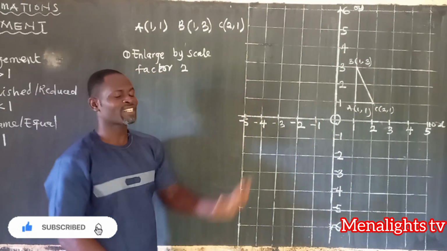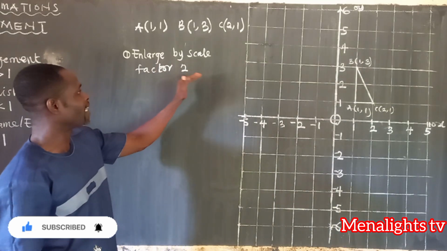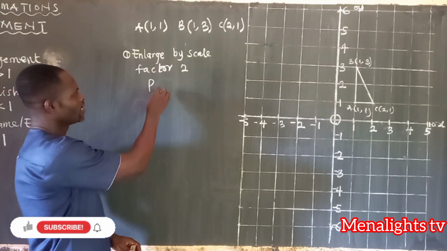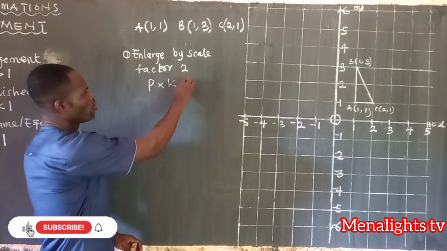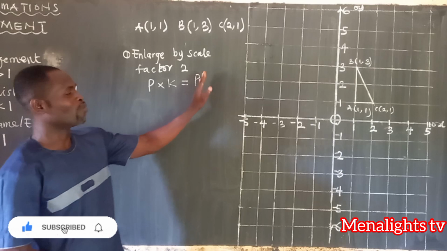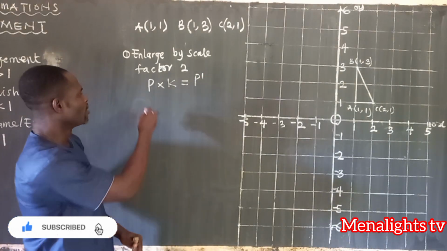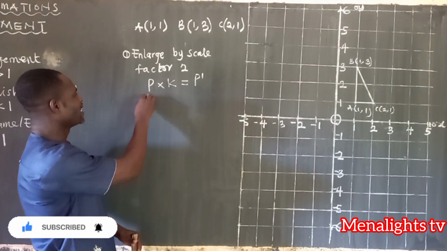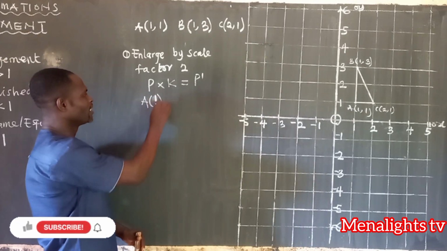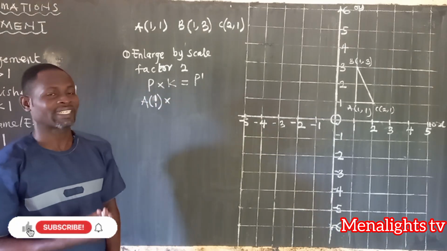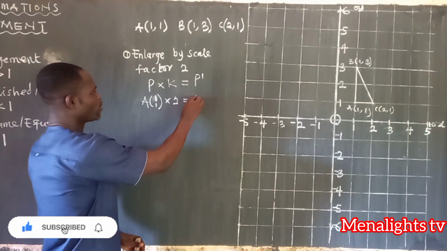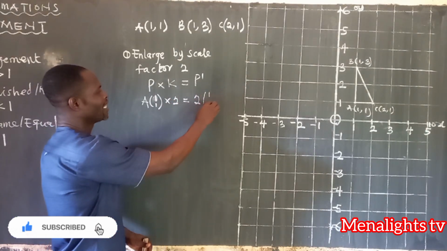Now we want to enlarge that object by the scale factor 2. What happens is that the point times the scale factor will give you the point image. So when you have the first point A, which is (1, 1), multiplying by the scale factor 2, the 2 multiplies 1 and 1.